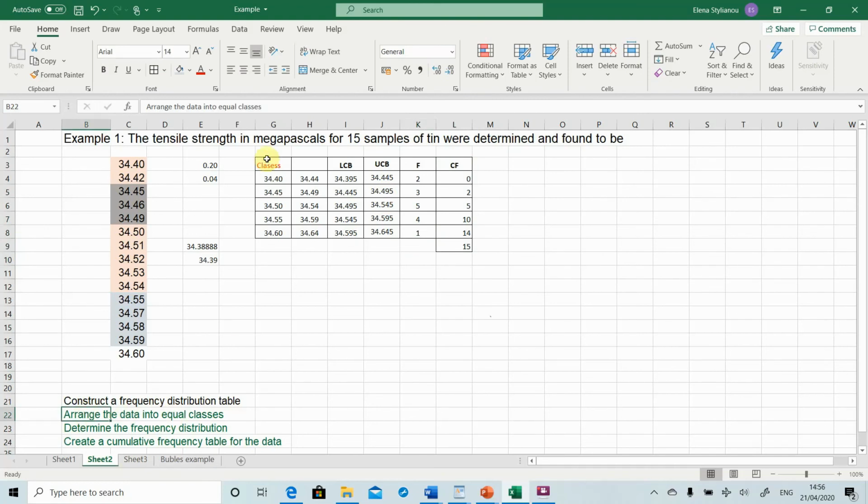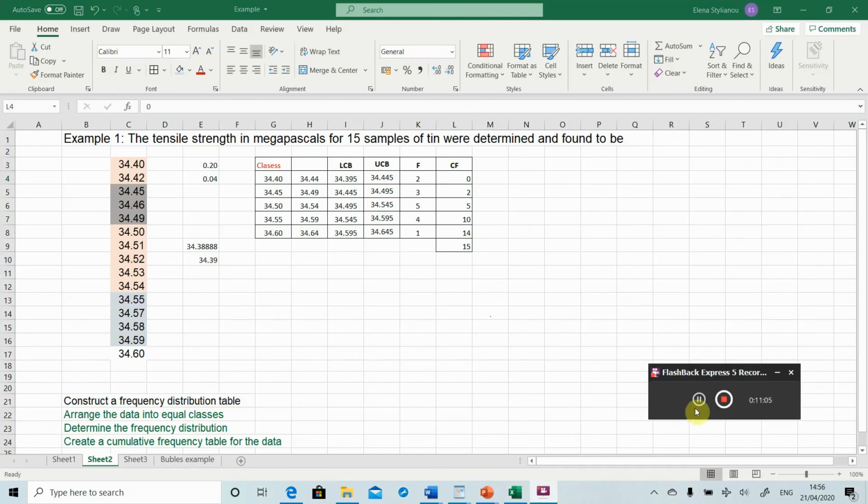We arranged data into equal classes, we set up the boundaries for the classes, we set up the frequency distribution, and we calculated the cumulative frequency. Sometimes cumulative frequency can start with the first frequency value. It doesn't matter, but when we plot the curve, it's always nice when it starts with 0. We will discuss it in a minute on the next slide.